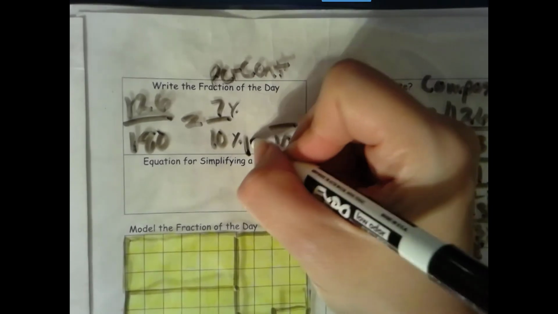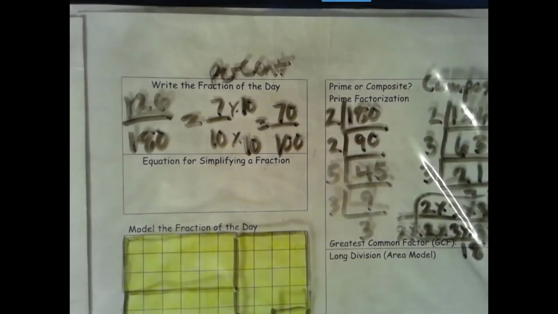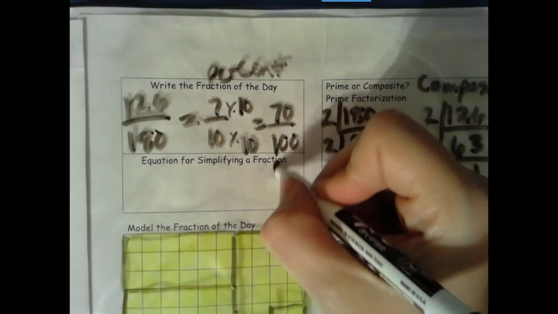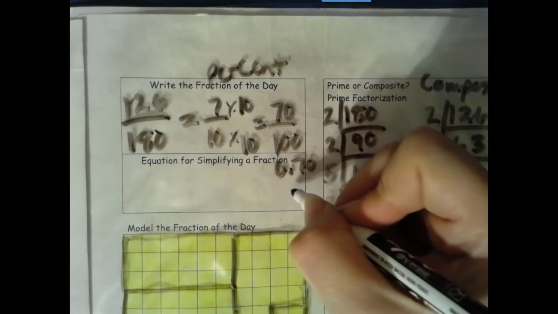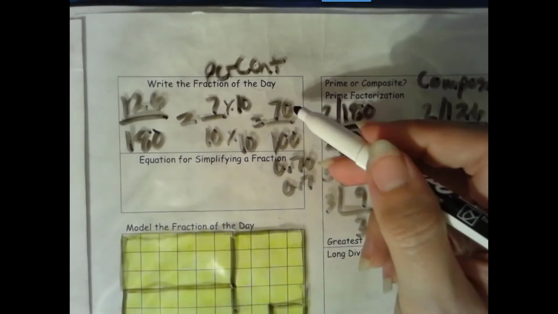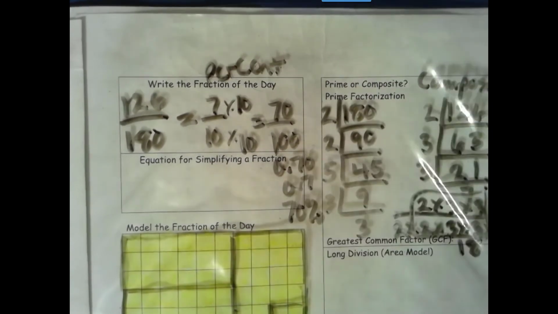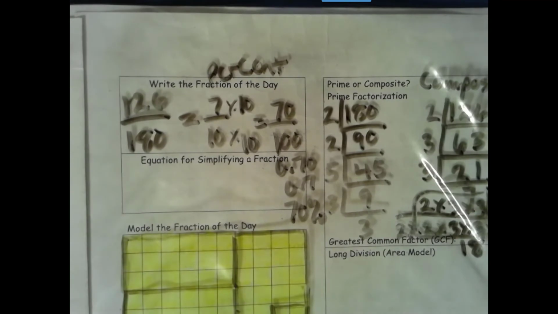We can multiply by 10 to get that 100. So we multiply this by 10 and we get 70. 70 hundredths looks like this, or it could be 7 tenths. But it is 70 per 100. So today we're completing 70% of the school year, and we have 30% left.